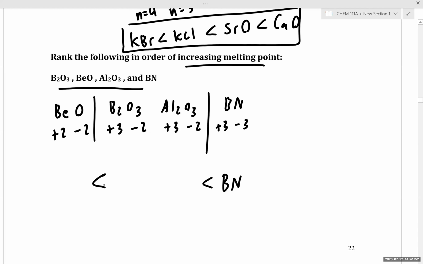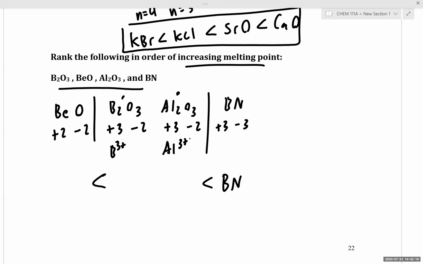Now we have a tie in ion charge between boron oxide and aluminum oxide. My question to all of you: which set of ions is smaller, the ions in boron oxide, which is boron 3+, or aluminum 3+?